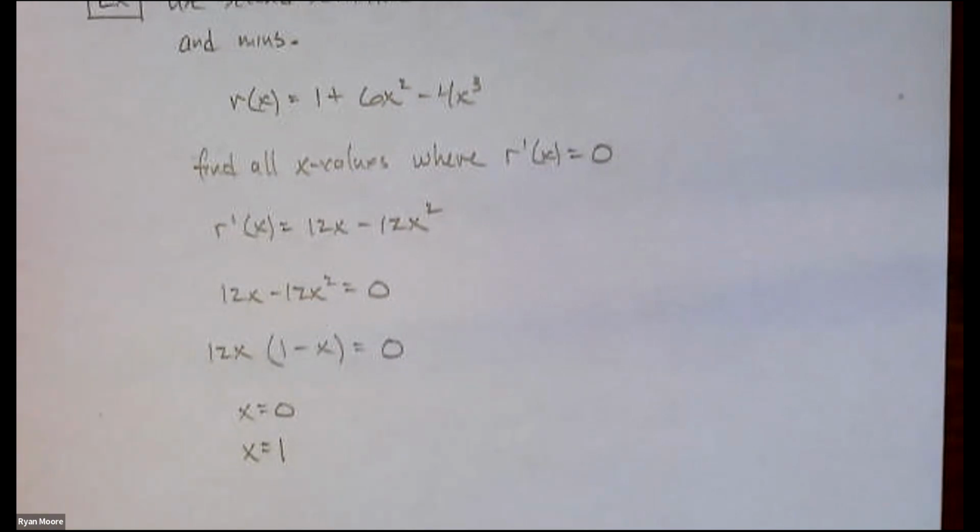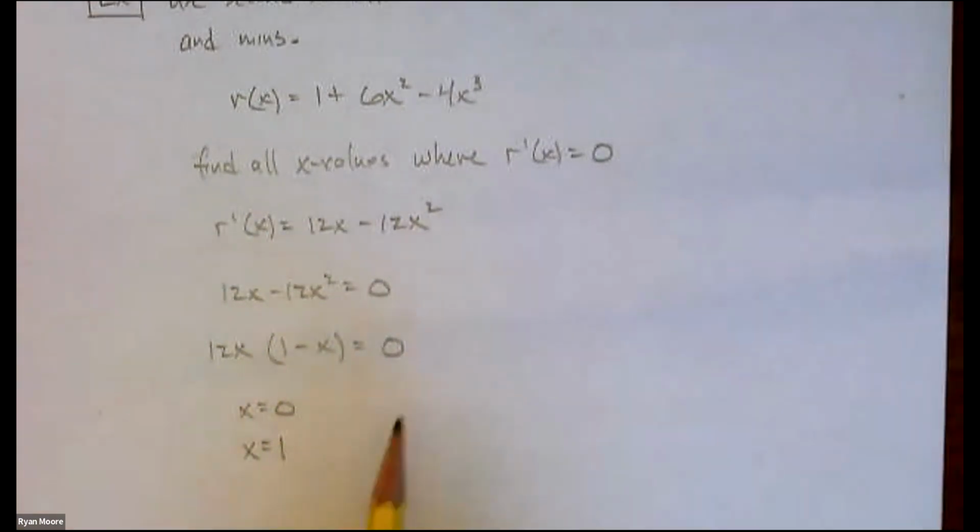Once we have these, the second derivative test said, now take those numbers where you know the first derivative is 0. Now plug them into the second derivative to see if r of x is concave up or concave down there.